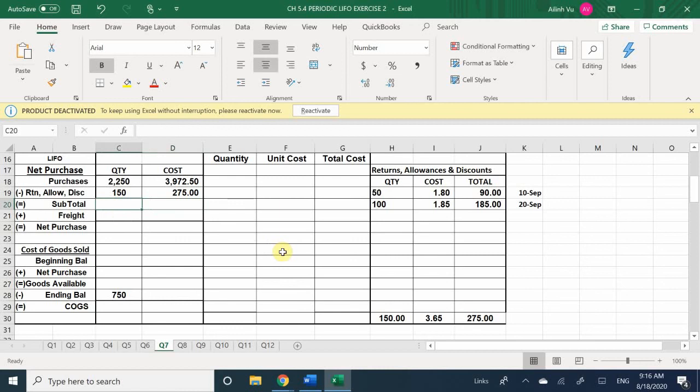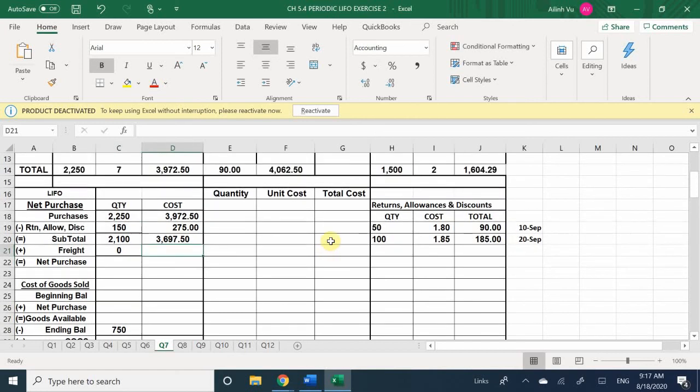All right, and then what is my new subtotal for quantity? 2,100. And what is my new cost now? $3,697.50. Good.